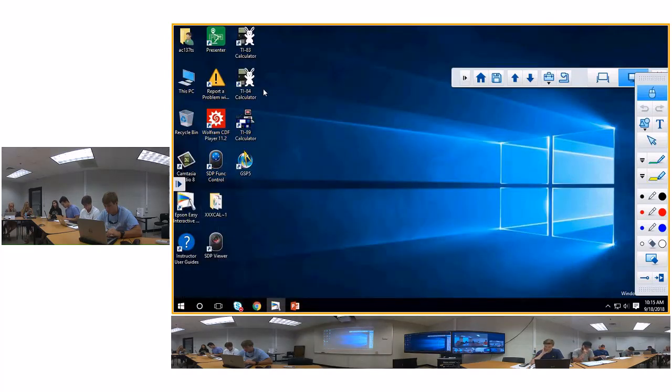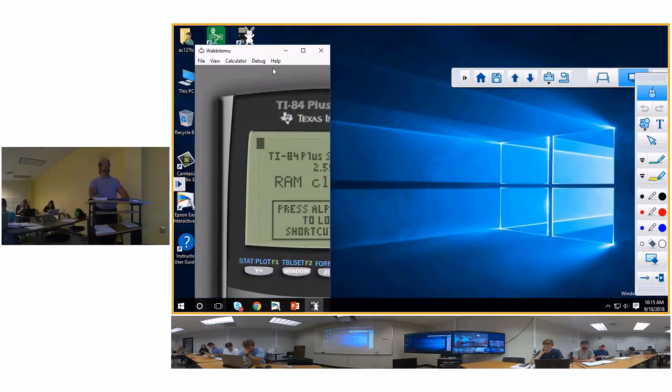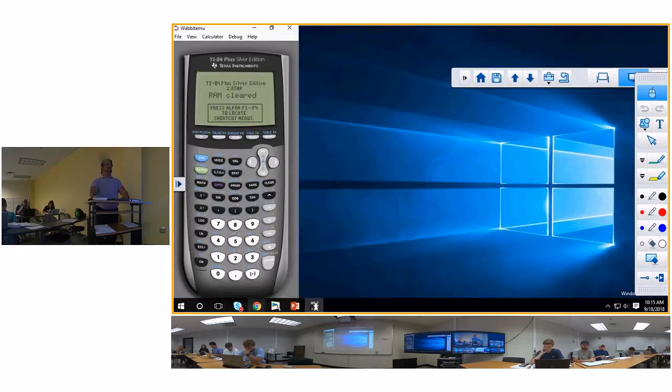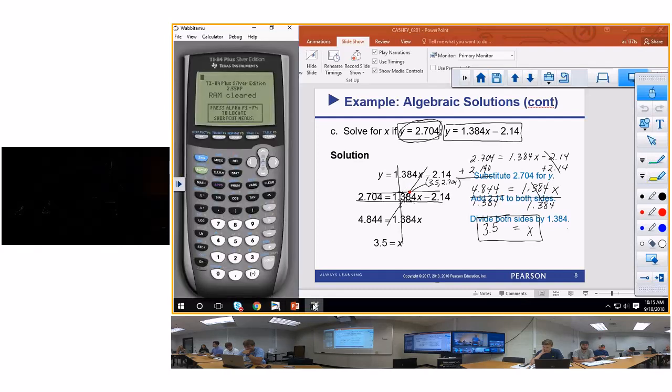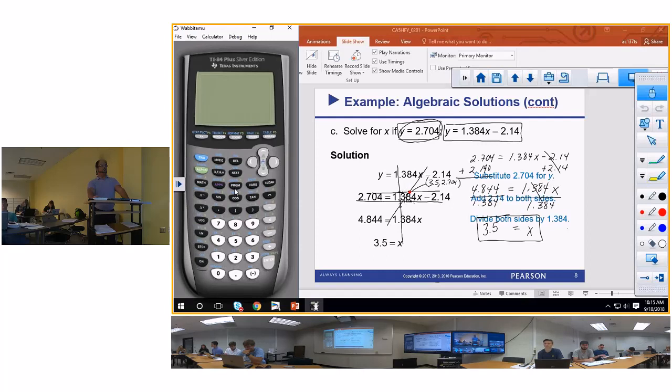Pull up the handy dandy calculator, the problem and the calculator. There we go. I'm going to hit y equals. Y is equal to 2.704.